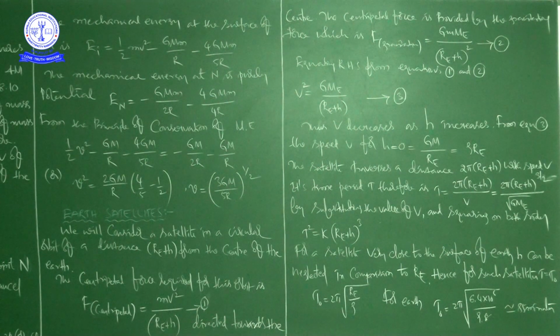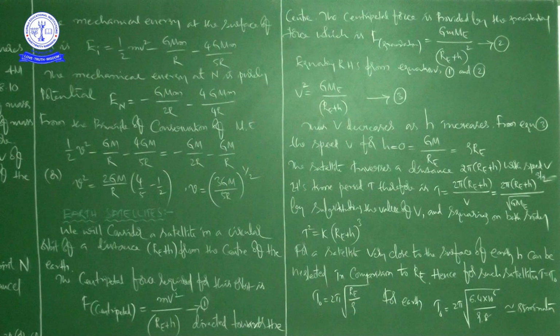Here R_E is the radius of the Earth, small m is the mass of the satellite, and v is the speed of the satellite. The centripetal force required for this orbit is mv square divided by R_E plus h, directed towards the center.